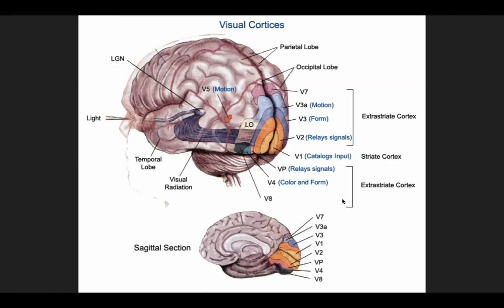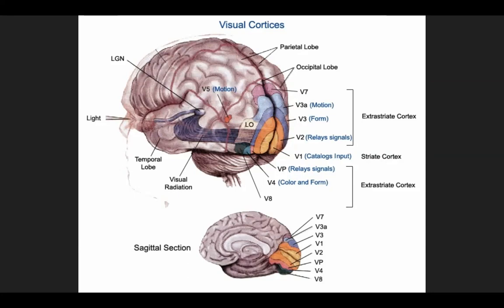So V4 is color and form. V3A deals with motion. V2 relays signals, so we'll see V2 show up a lot. All of these different cortices have something that they specialize in, and there are known to be 8. And this is a better view of how they align in the occipital lobe.